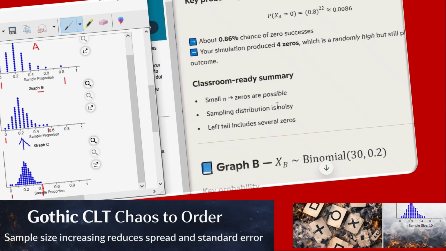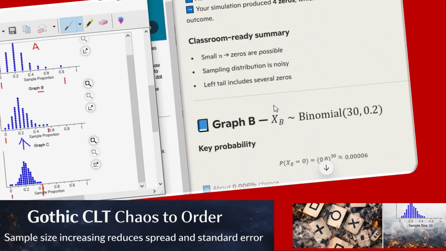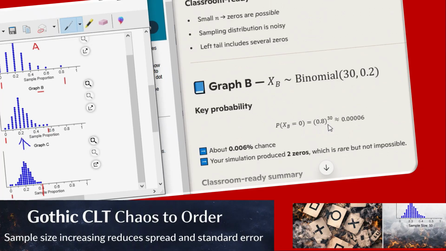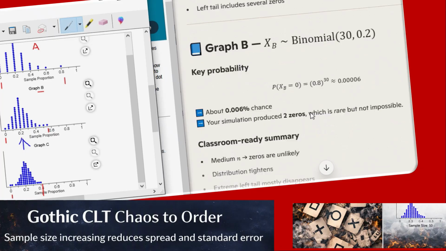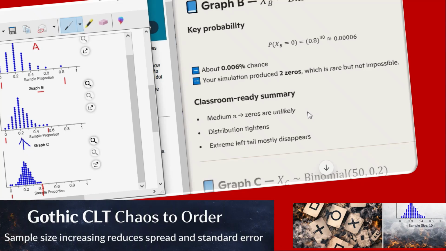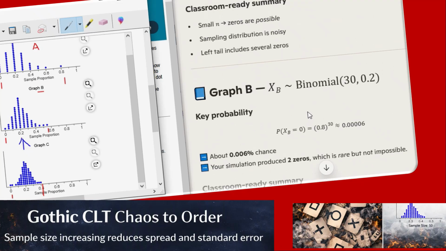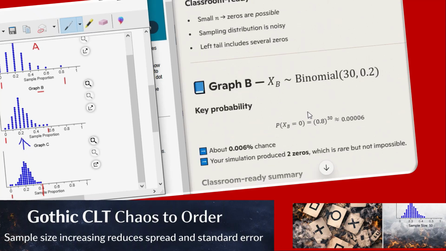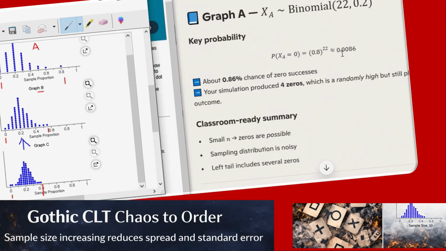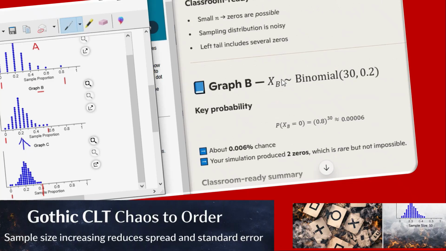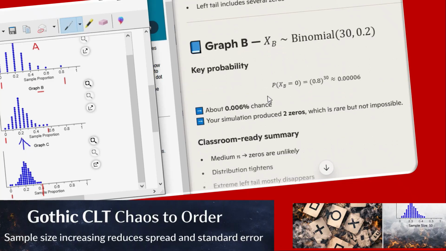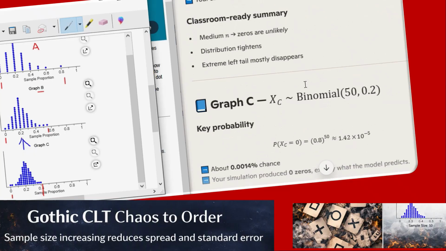And so, as you can see, as we go on through here, now let's do the 30 trials. And notice how that's going up. It was 0.86% chance. Then as we increase the sample size, it's now a 0.006% chance of drawing a 0.